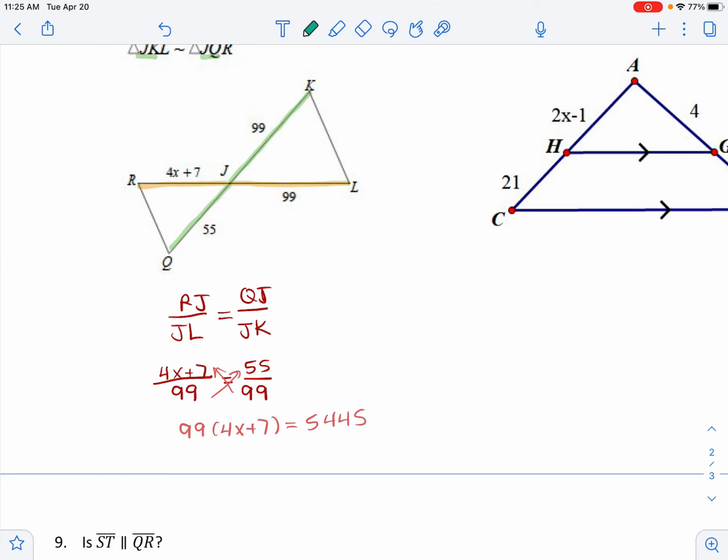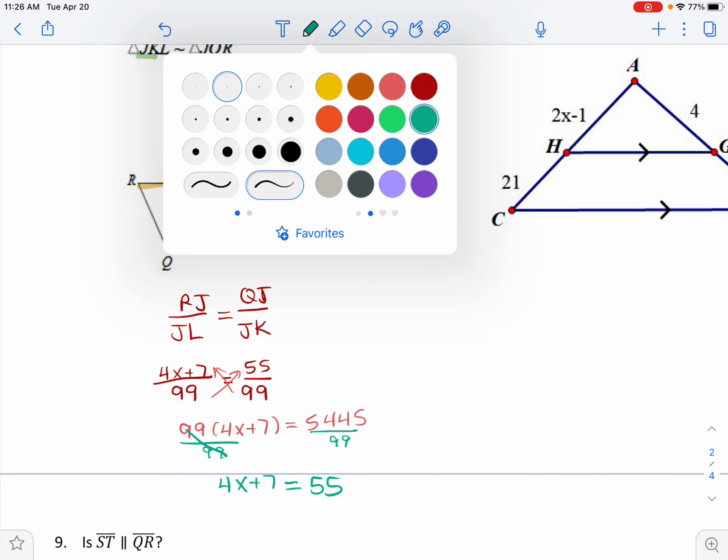Next thing I'm going to do is divide by 99. Notice I'm not going to distribute. I want to just divide by it, get rid of it, and deal with smaller numbers. So when I divide both sides by 99, I'm left with 4x plus 7 equals 55. And so now I can start solving from there.